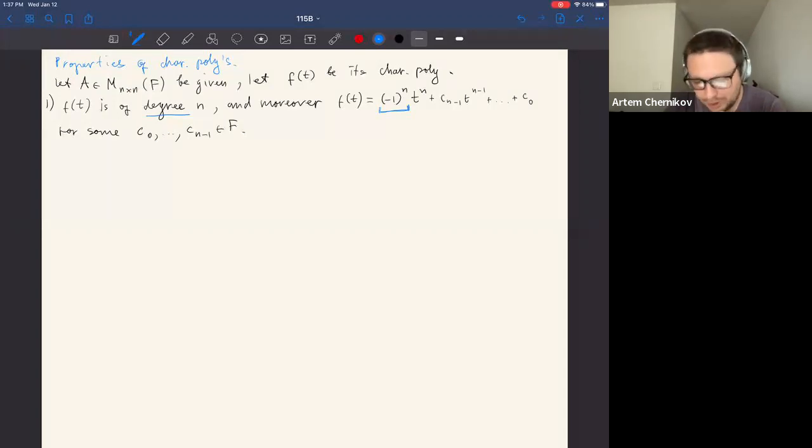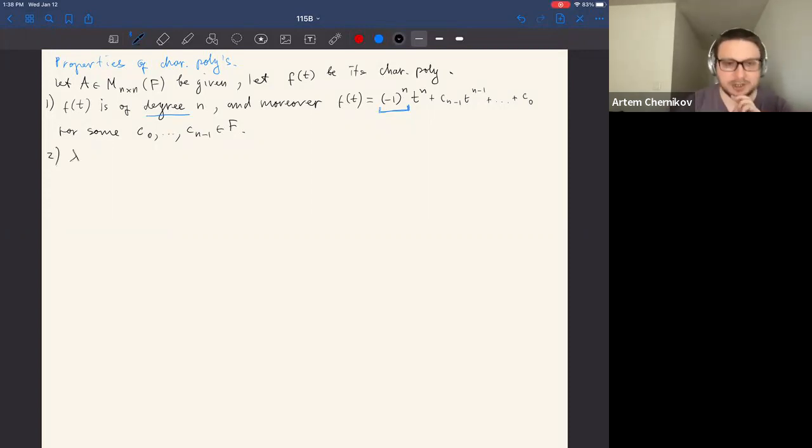This is (-1)^n, where n is the dimension of our matrices. So it tells us it's either 1 or -1, depending on whether n is even or odd. This is the first property.